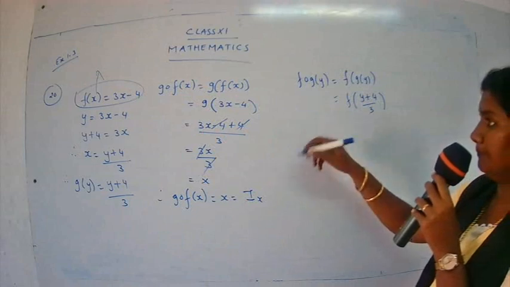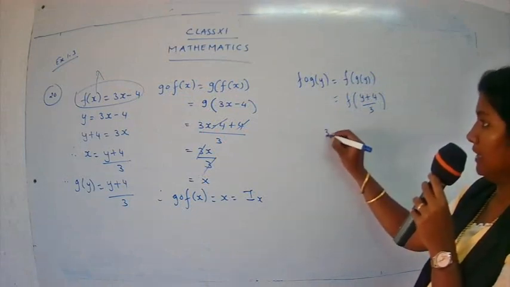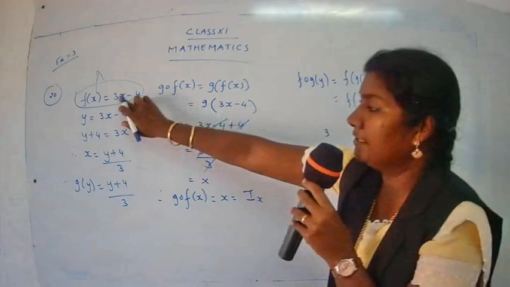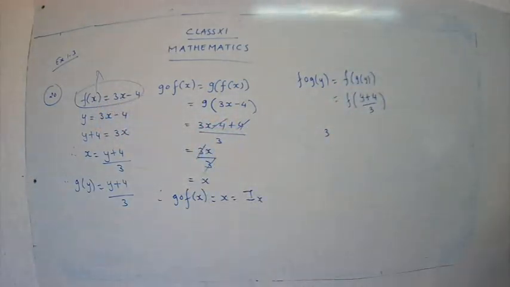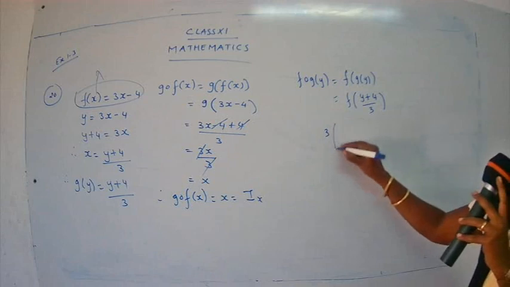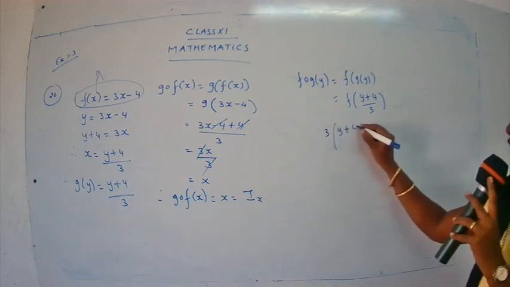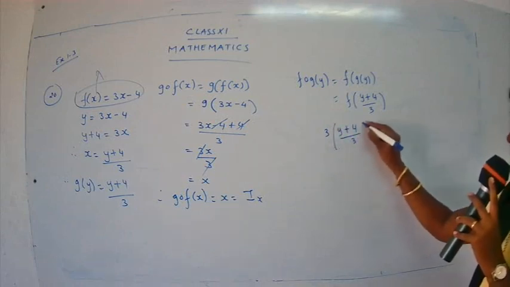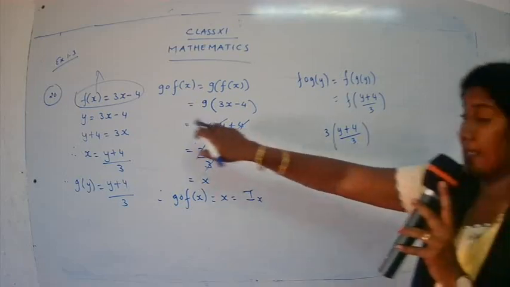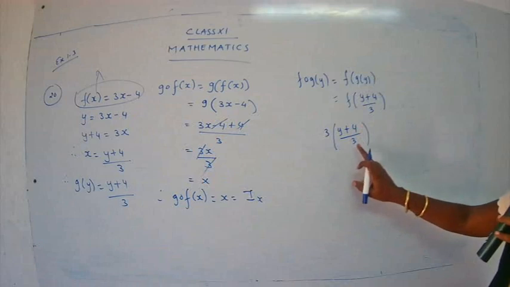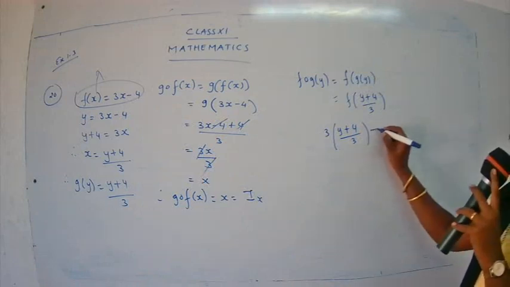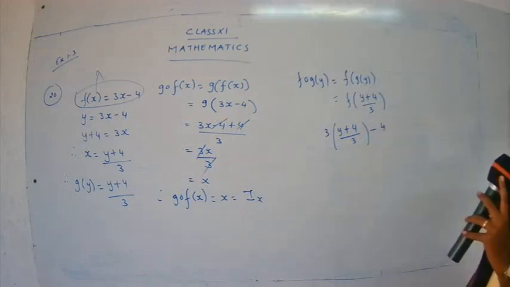Okay. So you get here 3. In place of x, what do you have to write down? You have to write it as (y plus 4) upon 3. That is, I have replaced x as (y plus 4) upon 3, minus 4.